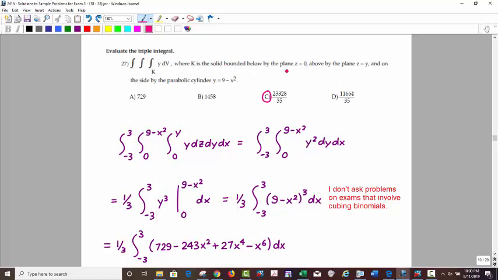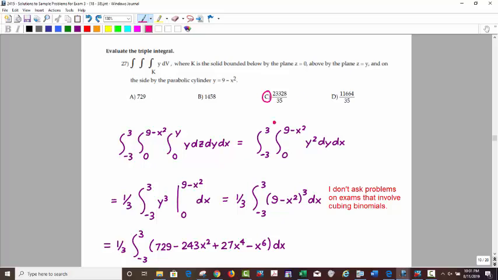We've got z equals 0 below, z equals y above, and then on the side by the parabolic cylinder y equals 9 minus x squared. And then the function is y dV, so we're integrating the function y over the volume region. I think dz, dy, dx will work out well.